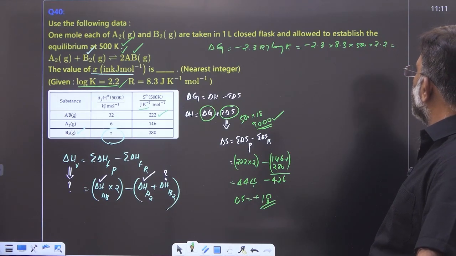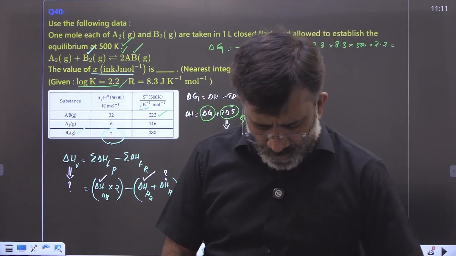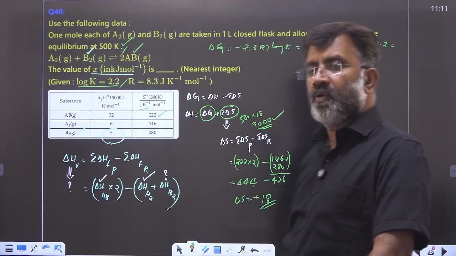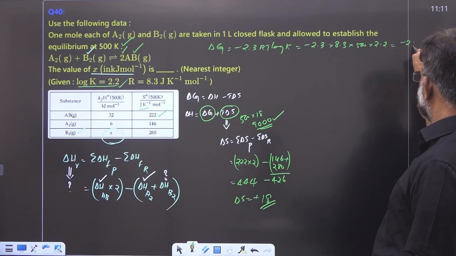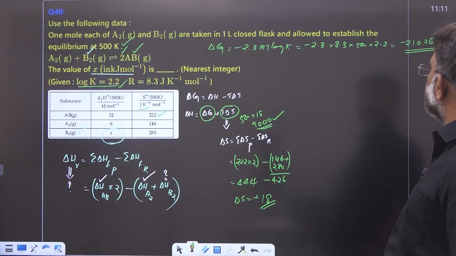When you work out this, the figure you are getting is minus 21026 joules. Please verify that.